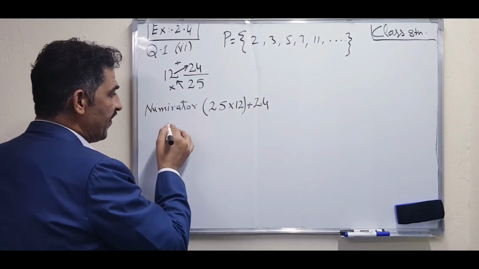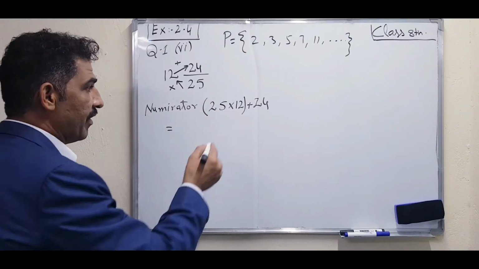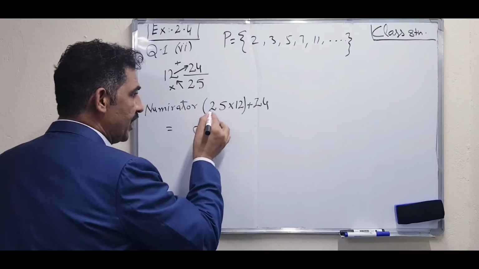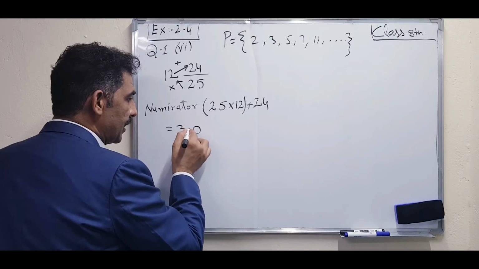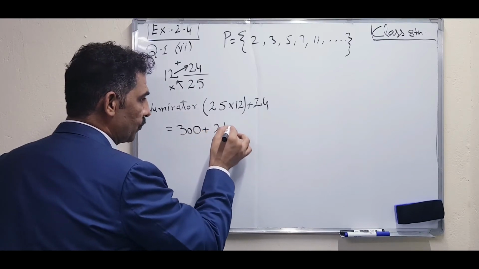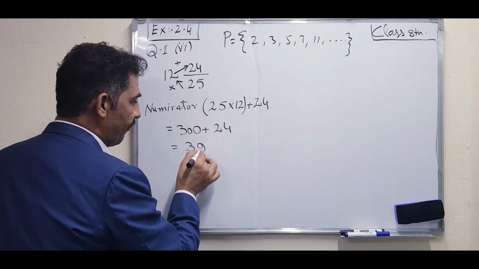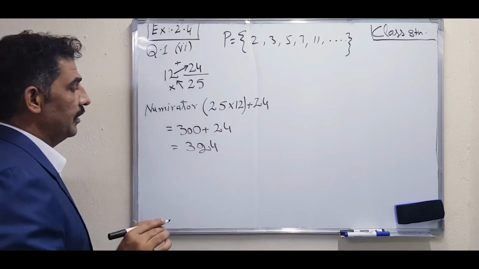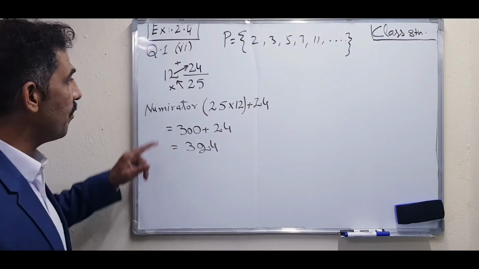So when we simplify 25 into 12, 12 fives are 60, 12 twos are 24, plus 6, 300 plus remainder 24. 324 is our numerator, but the denominator will remain the same.